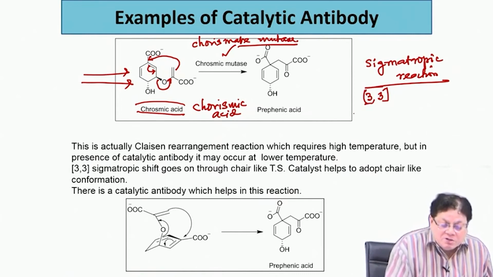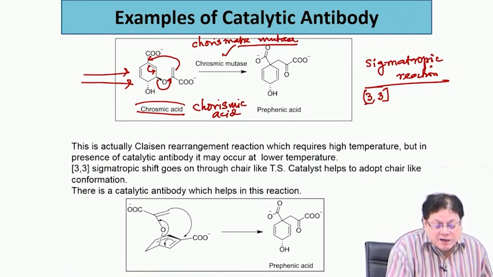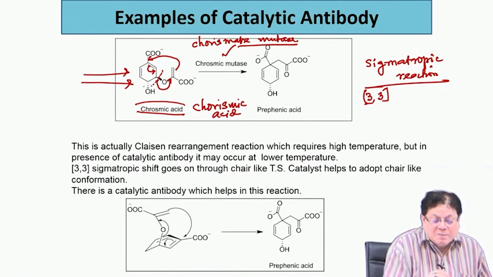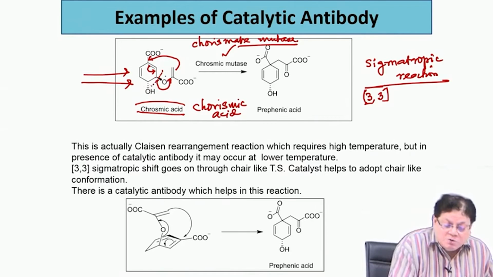Why 3,3? Because the bond that is broken entirely is this one, which detaches. The sigma bond that is broken, we are not talking about the pi bonds. Sigmatropic means we are looking at the sigma bond which is broken. If you look at all this, the sigma bond that is broken is this one, and then this will be 1 and that will be 1, and you number it on both sides.